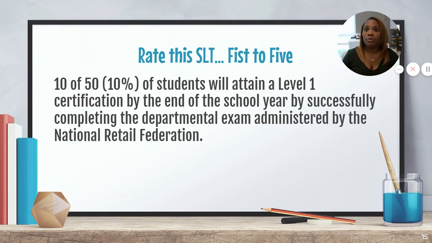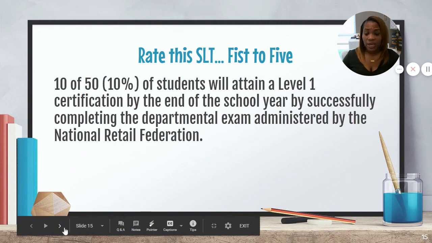Absenteeism is a huge problem in some of our schools. And it's not fair to teachers to have to use the data from a kid that's missed 5 days each month or 10 days each month in our SLTs. So add that attendance clause into the bottom to say, I want to only include the kids who attended my class to actually retain the content knowledge that I was giving them, that we discussed, that we went over.